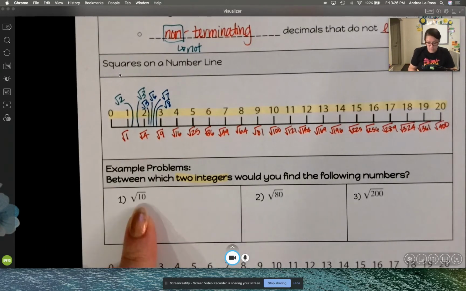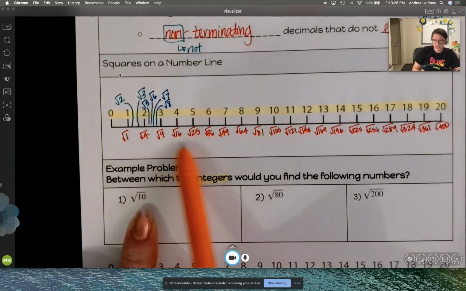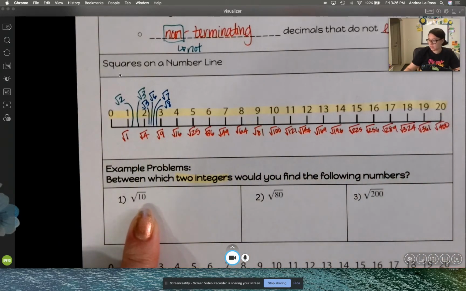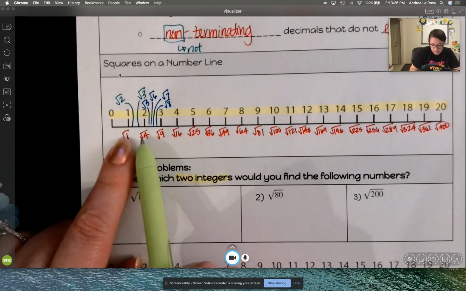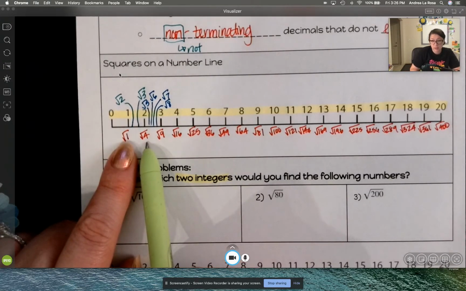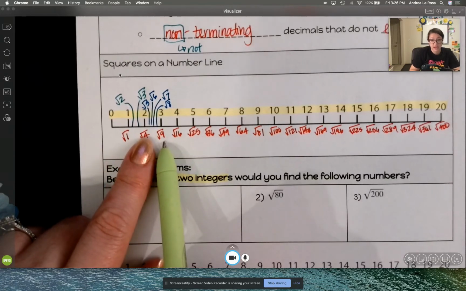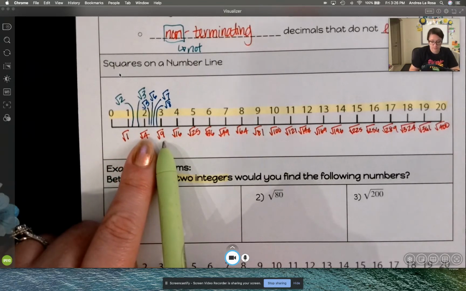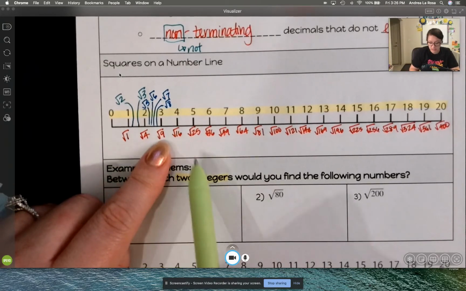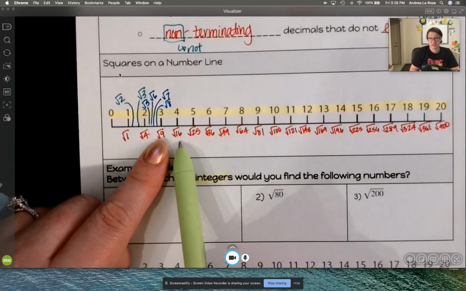Okay, so the square root of 10, again, I want to look at my perfect squares in red down there. Let me get a different color so we can see this better. If I look at my perfect squares, is it between 1 and 4? Is it between 4 and 9? Nope. Is the square root of 10 between 9 and 16? Yes.